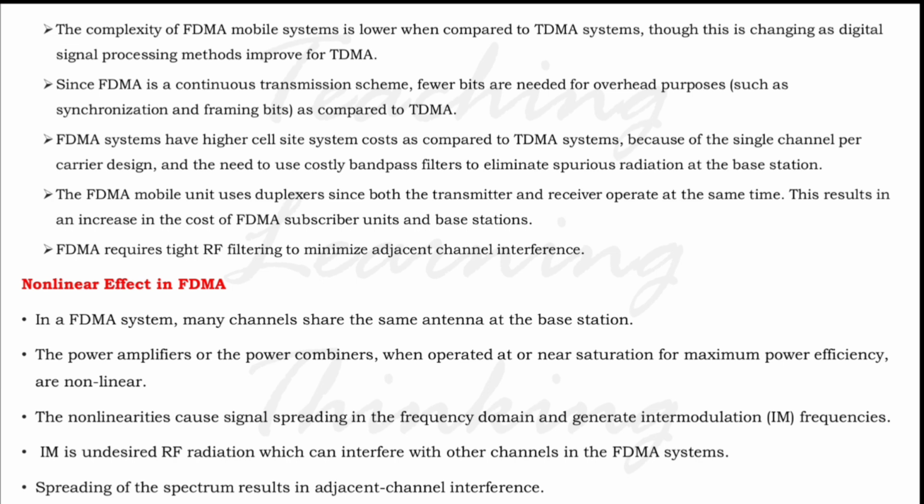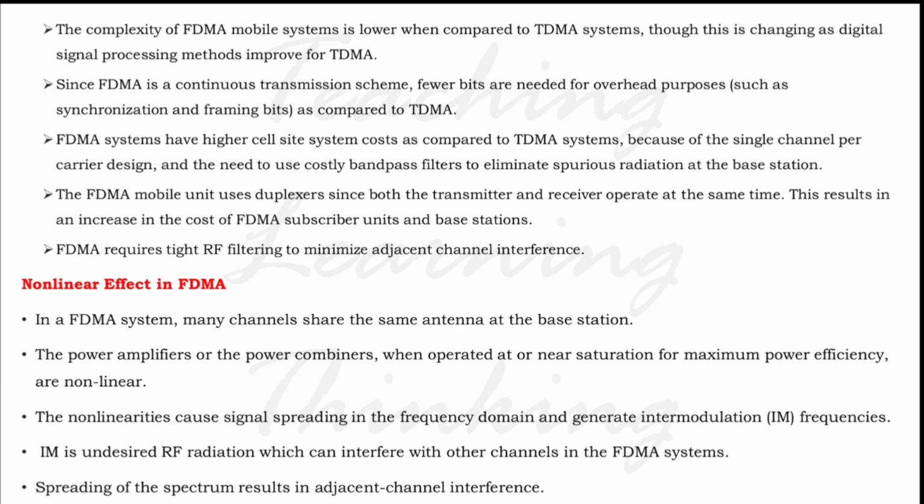And the nonlinear effect in FDMA, you can ignore this part because it is not important, but I will tell you at a granular level. In an FDMA system, many channels share the same antenna at the base station. The power amplifier or the power combiner, when operated near saturation for maximum power efficiency, is nonlinear.